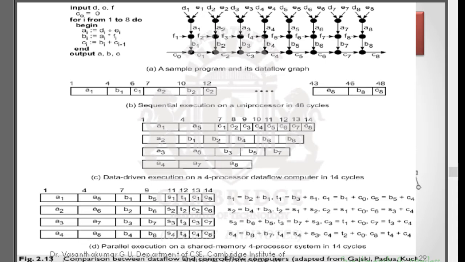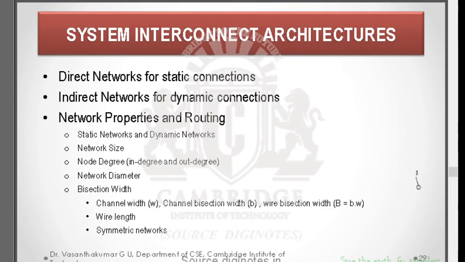That is diagram A. Diagram B has sequential execution on a uniprocessor in 48 cycles and data driven execution on a 4 processor data flow computer in 14 cycles, that is diagram C. If you observe in diagram D, it is parallel execution on a shared memory 4 processor system in 14 cycles. Now coming to the next slide, system interconnect architectures.